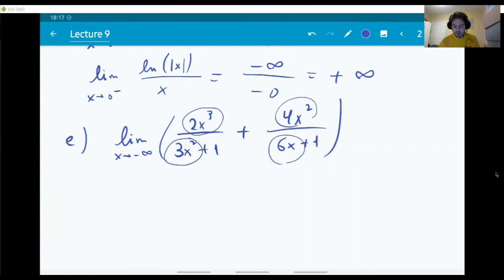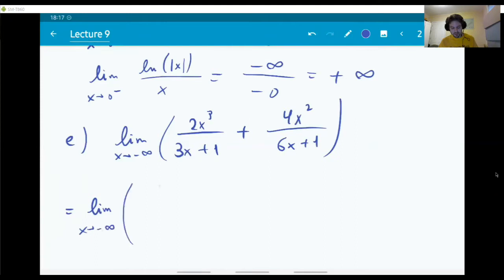The x is determining what happens. But how do we know that for sure? We're going to be dividing by x, which is the highest degree in the denominator in each one. So I'm going to write that this is equal to, dividing by x, 2x squared over 3 plus 1 over x, and then plus 4x divided by 6 over x, plus 1 plus x.